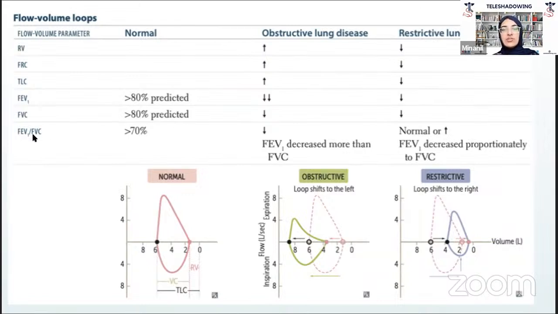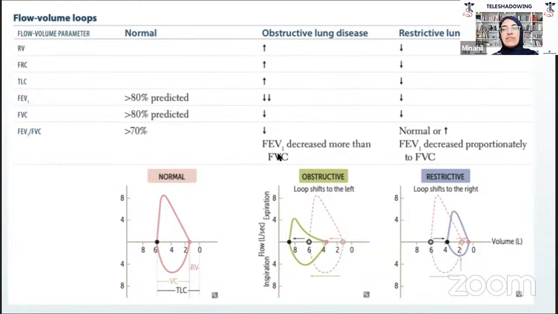There are a lot of equations you can do with this, but this is how you would use it: FEV1, the forced expiratory volume in 1 second, divided by the forced vital capacity, or FVC, expressed as a percentage. Usually in a normal patient it would be about 70% or more, but it would be decreased, less than 70%, in obstructive lung diseases.